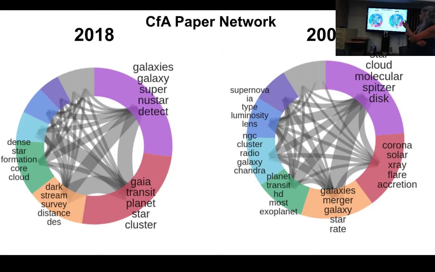So now you know that there's this block of papers that have to do with galaxies and that block that has to do with star formation. And I ran it for 10 years ago to compare just for grins to see what is going on. There are other uses of this, but this is just an example of the kind of visualization and exploration you can do with the new ADS.